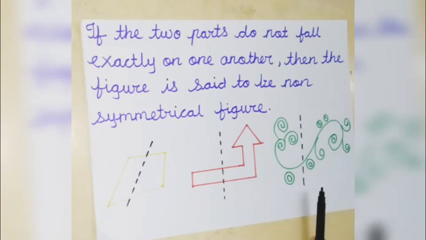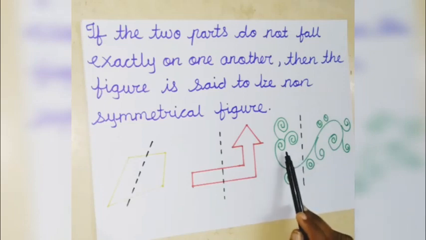Children, now see the third example. Here the design is different and here the design is different. Then we can say that this is not symmetrical. We will see few more examples.